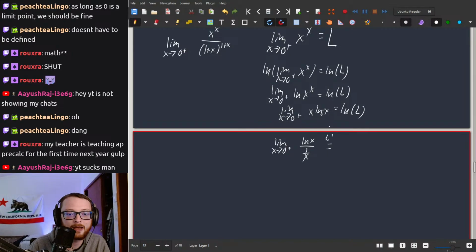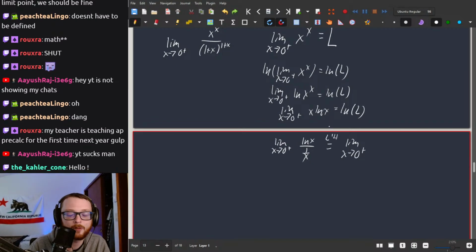I like to put an LH above the equal sign to say that I've used it here. You can take the derivative of the top and take the derivative of the bottom, and you'll get the same result for the limit. It's like this. And now we can simplify it. Hey, color cone. So we're going to end up with minus x, so we just get 0.